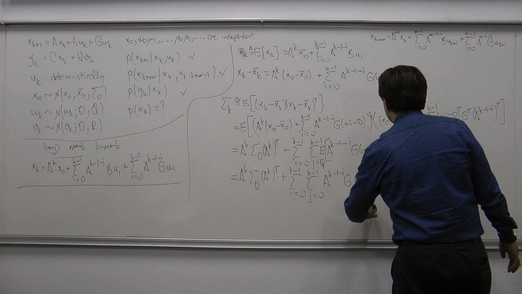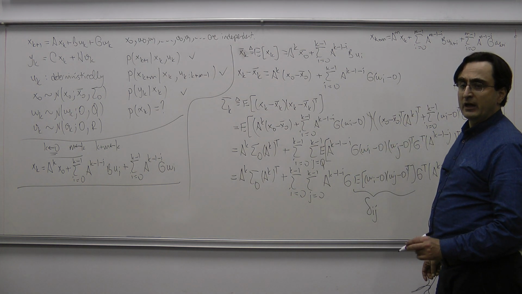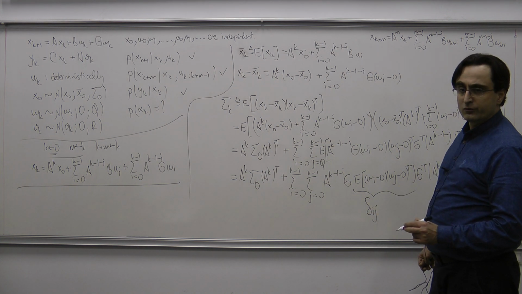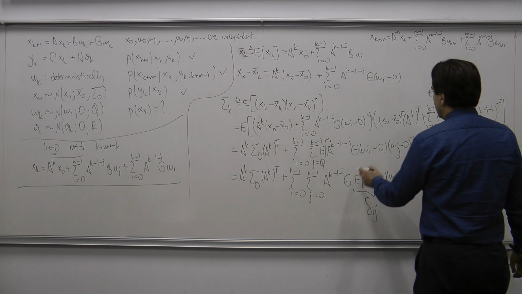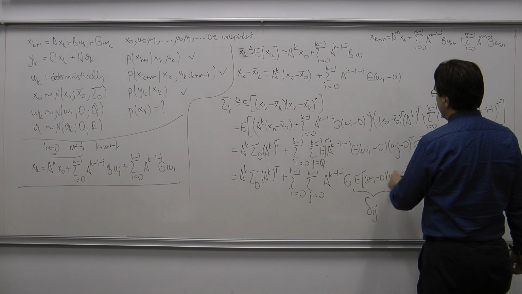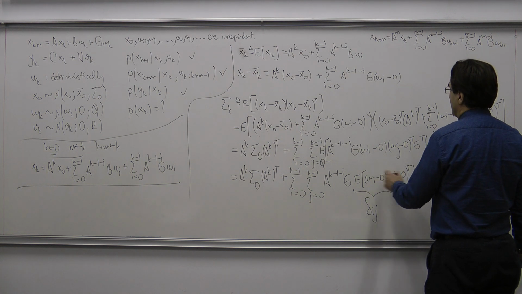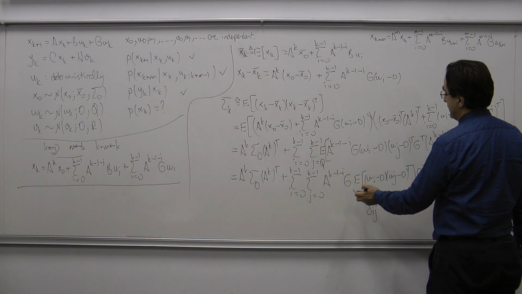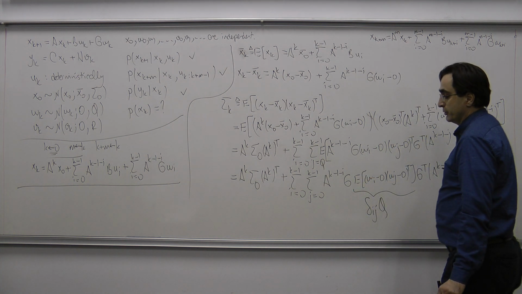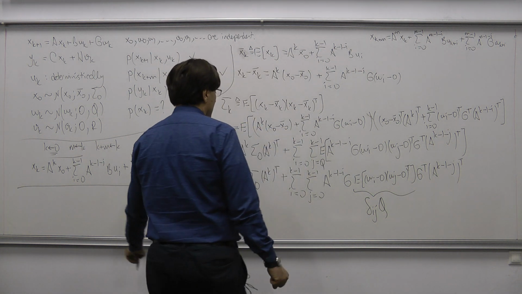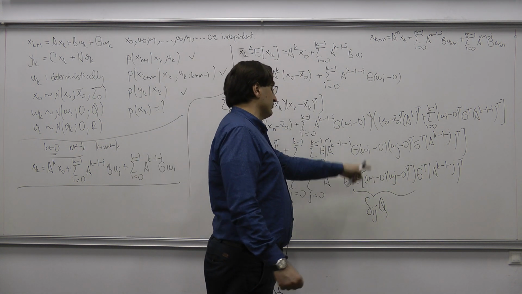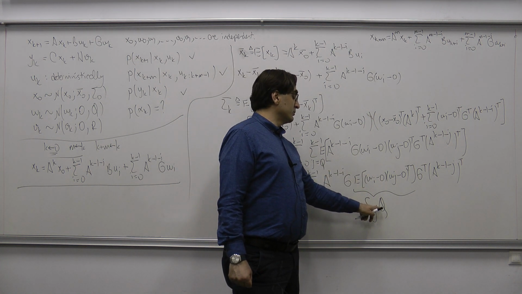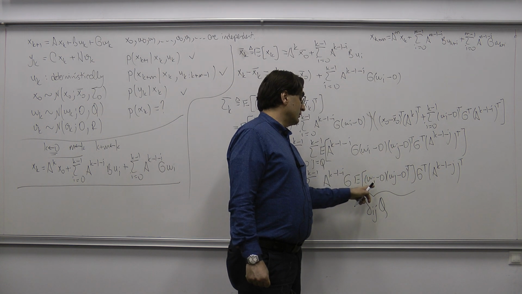So I'm going to have here delta ij, the Kronecker delta, which is 1 if i is equal to j and 0 if i is not equal to j. In the case where i equals j, I would have the expected value of wi times wi transpose, which is just Q. So these expectations are equal to 0 if i is not equal to j, and equal to Q if i is equal to j.